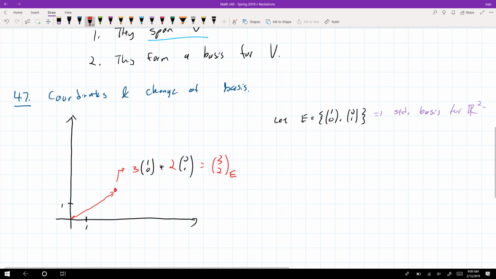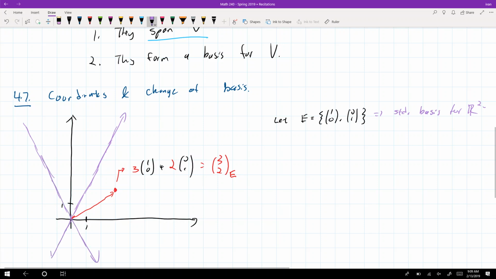But now, what if we're interested in some other basis for R2? Because right now I just gave you the standard basis, but we can change things up. So let's say now we take this new basis, which looks like this in the purple.